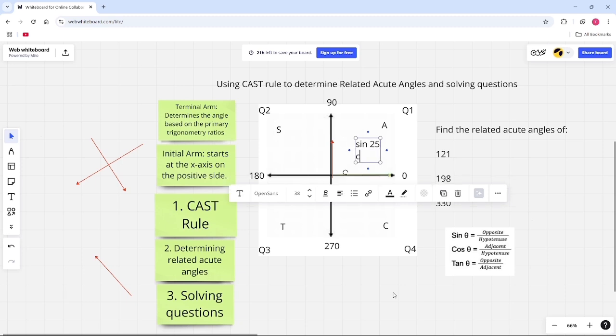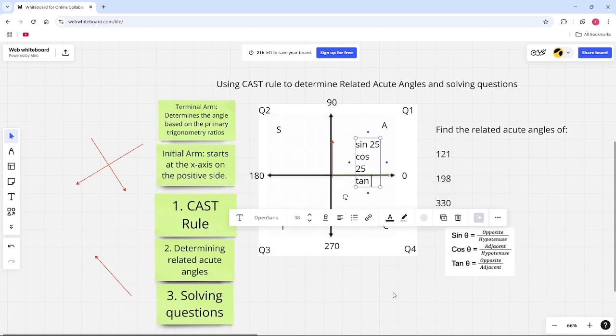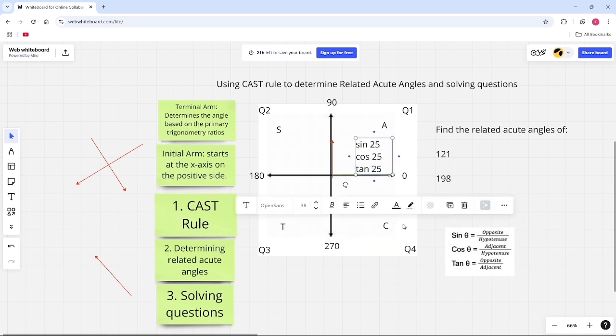And do that for cos 25 and tan 25. And see whether your output is a negative or a positive number. So if I go ahead, mine are all positive. So that's why the A represents that all of the trigonometric ratios will be positive within this quadrant, if the terminal arm lands over here.